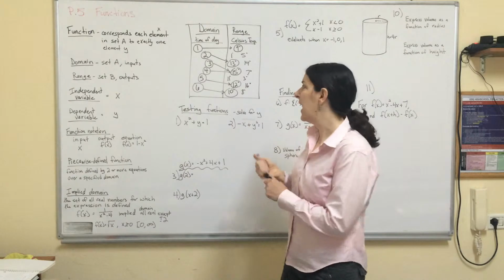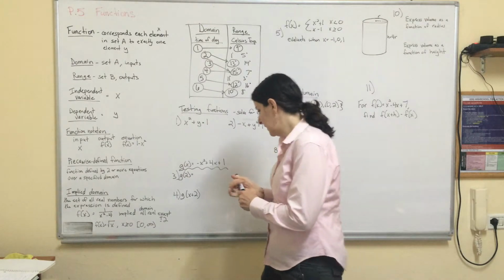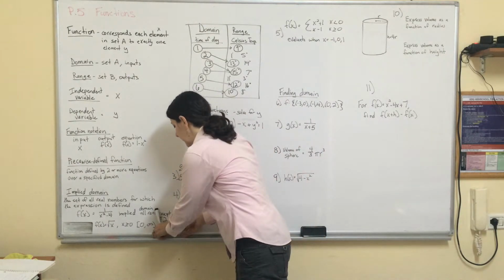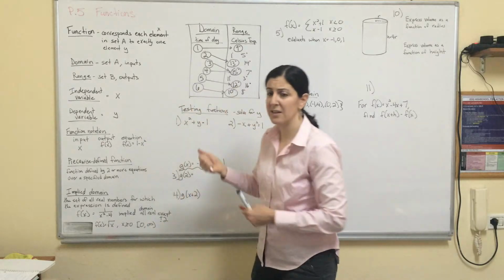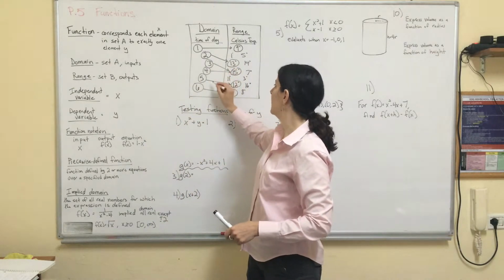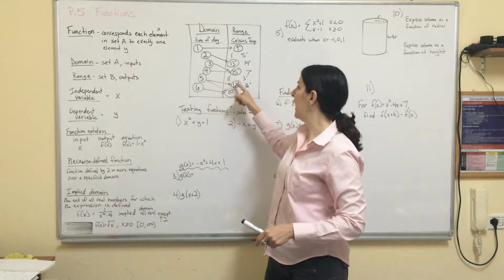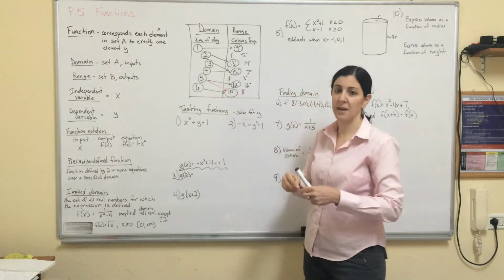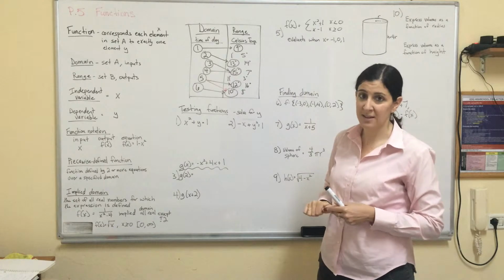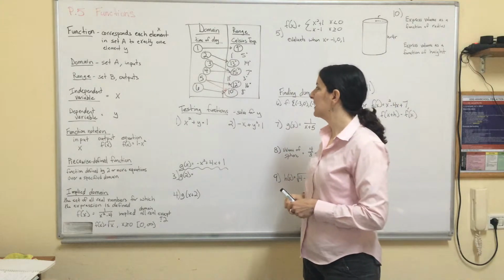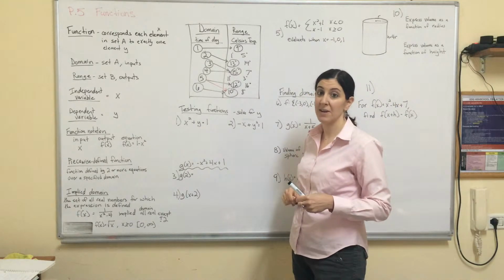What we could not have if this were a function is one of the elements from set A, the x value, like this. You couldn't have 5 going to 12 and 10. That doesn't make any sense for this situation because it can't be two different temperatures at 5 o'clock.